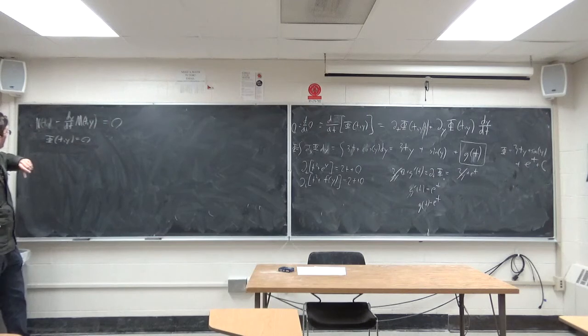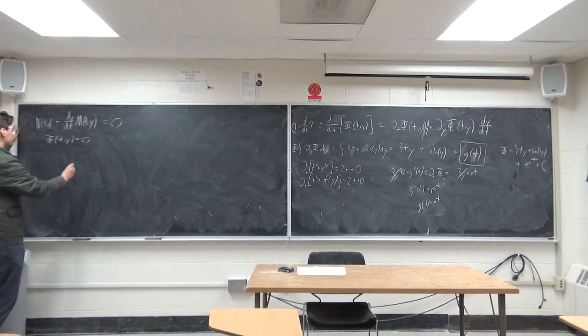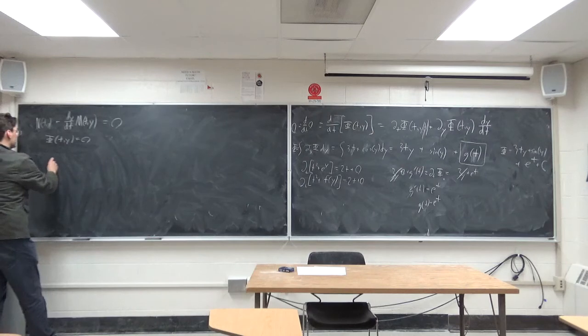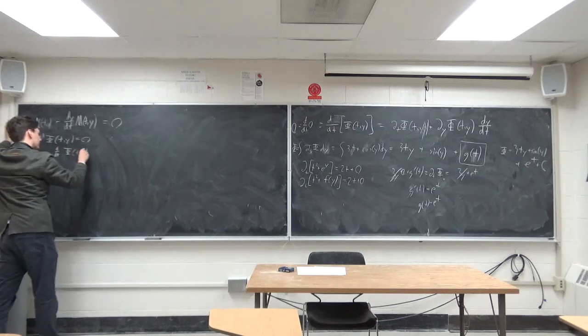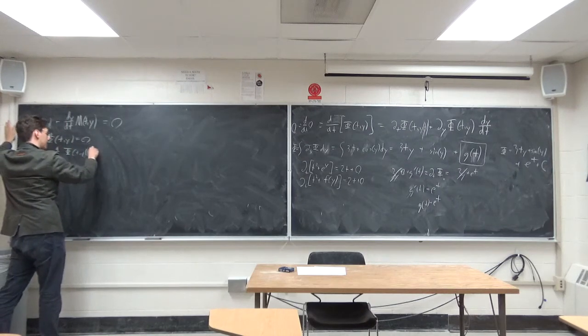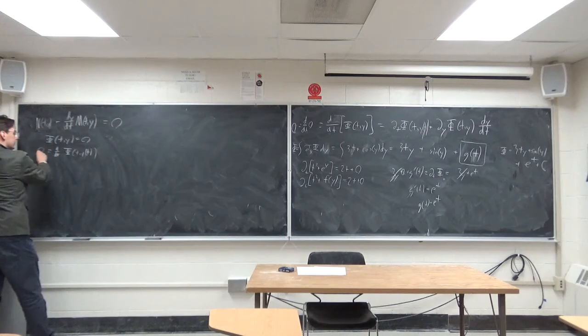Well, I figure, okay, if this is what the solution looks like, what does that mean for it? If I take the derivative of phi here, and I remember that y is dependent on t, then I know this equals 0.